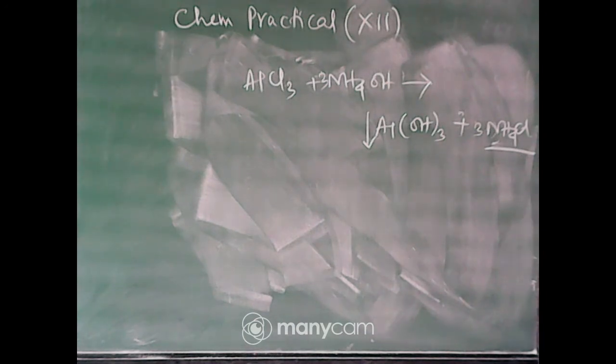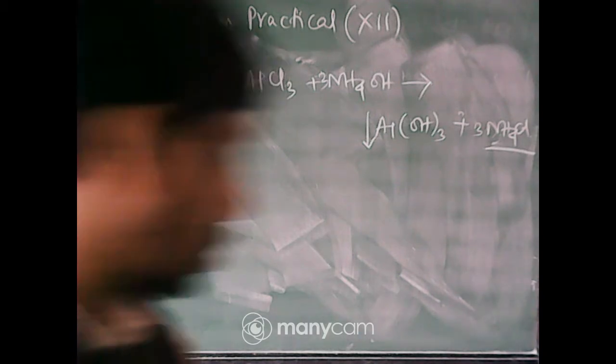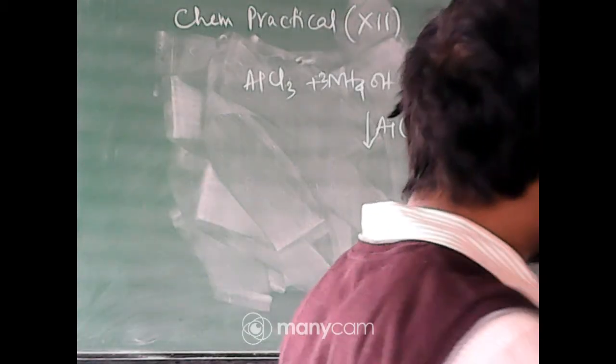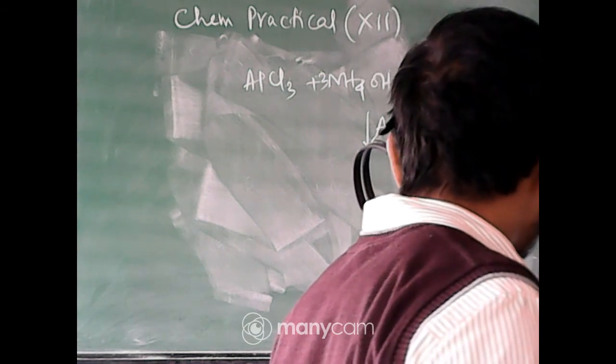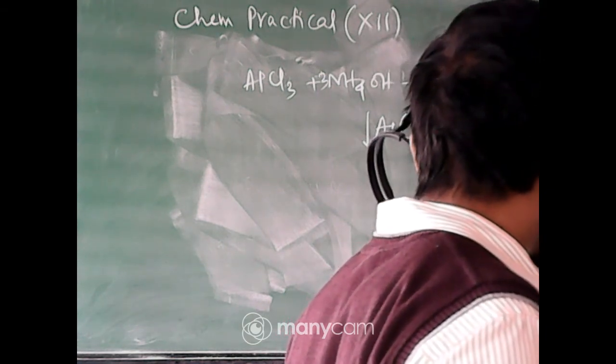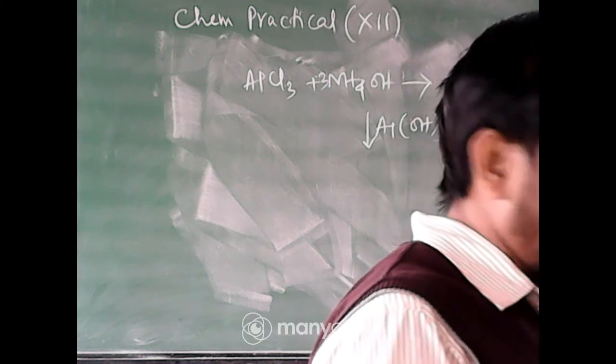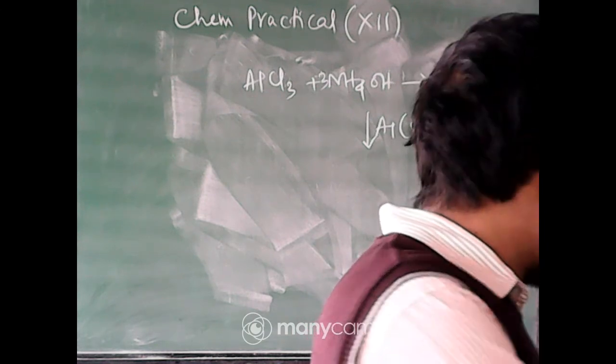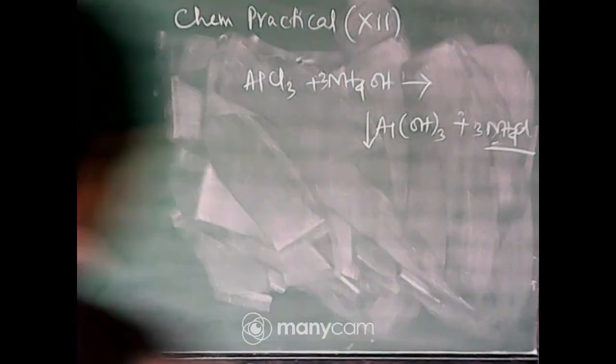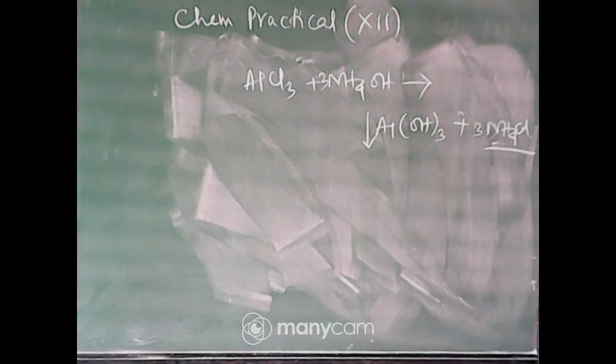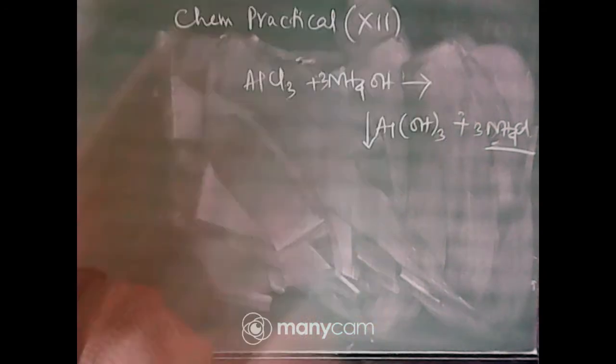Now here we will add NH4Cl, NH4OH, and then sodium sulfide flakes, because it produces H2S gas, so it may produce the black precipitate. Ammonium chloride added.